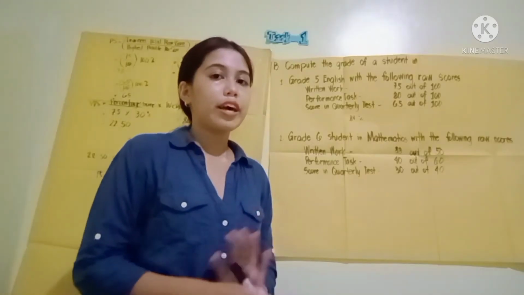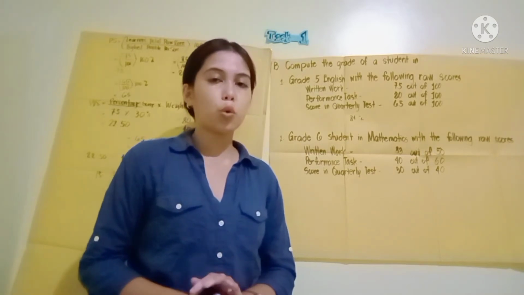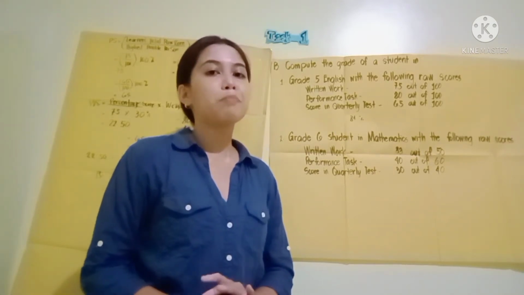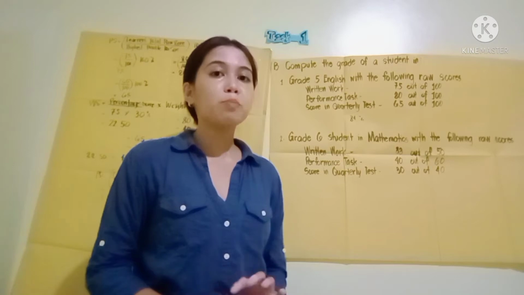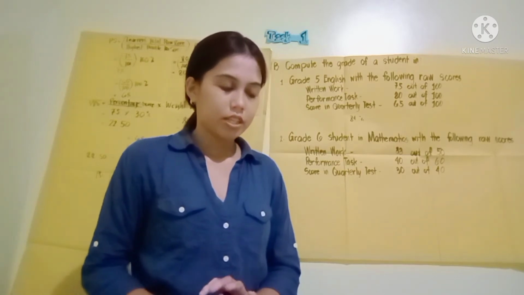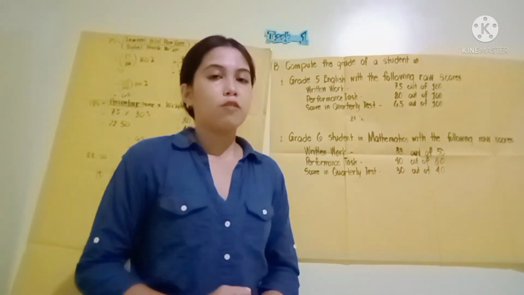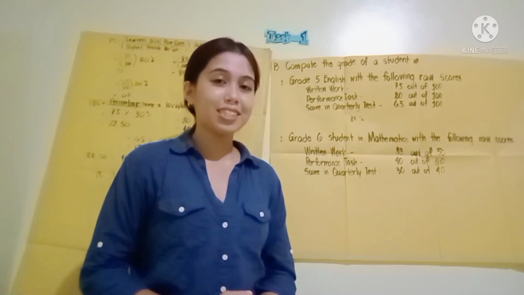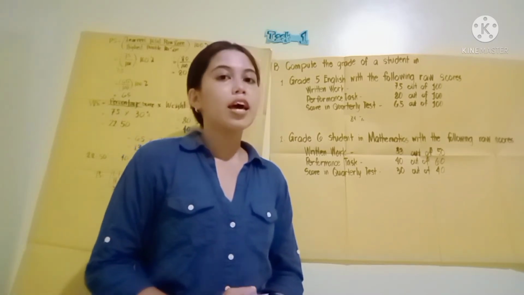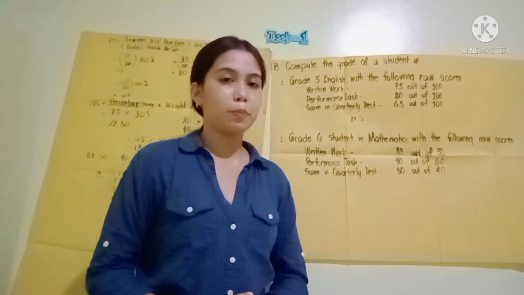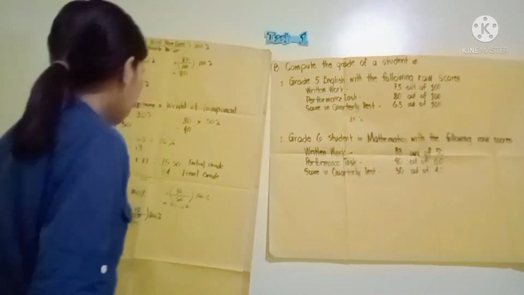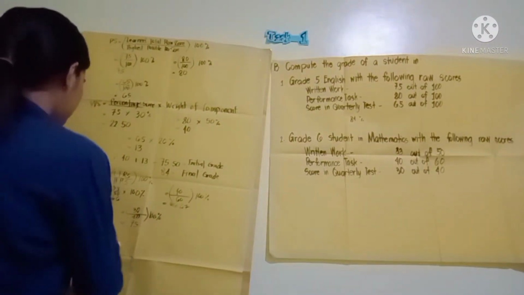75. So the next step is getting the weighted scores. In the area of mathematics, the weight of components for the written work is 40%, for the performance task is 40%, and the quarterly assessment is 20%. So the same process here.